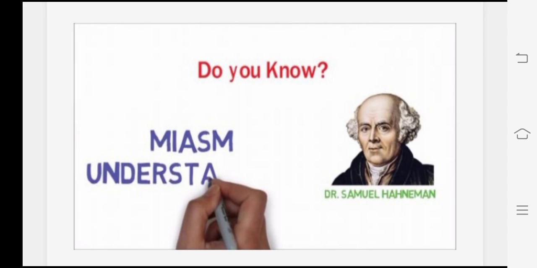Miasm means a noxious influence, or you may define a miasm as a person's inherited disease group, meaning every human organism has an inherited miasm with inherited response that has been passed down from one generation to the next.